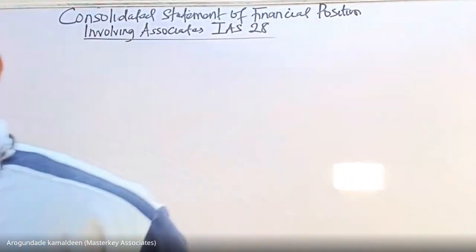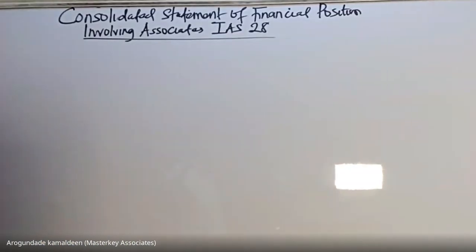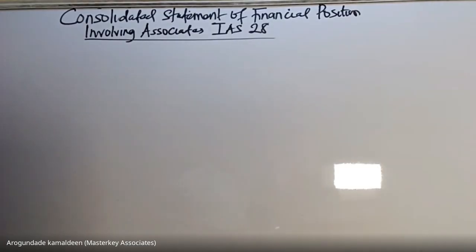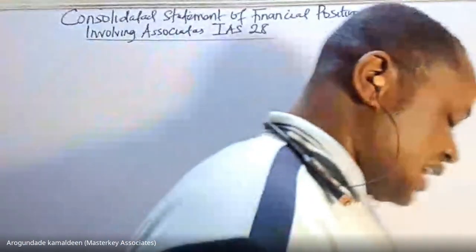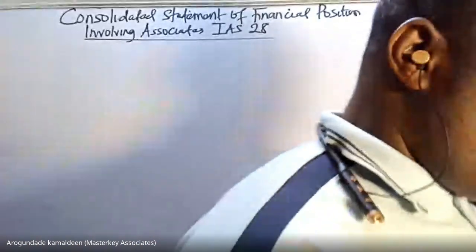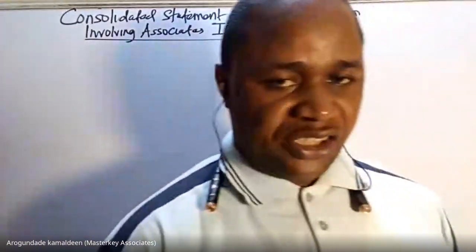Exactly. So now, what do we mean by associate? According to IAS 28, an associate is an entity over which an investor has significant influence, and which is neither a subsidiary nor a joint venture.